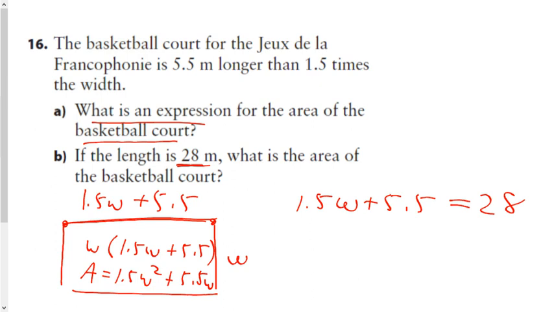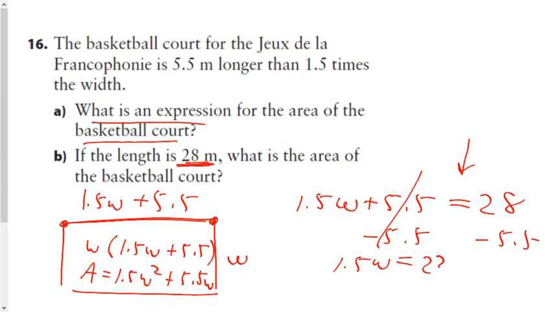This algebraic expression is also the length, which is 28. So therefore, we can make an algebraic equation that we can solve to figure out what the actual W term is. We're going to solve it by isolating the variable, getting rid of my constant first. Standard grade 7, grade 8 step is to get rid of your constant. I get 1.5 W equals 22.5. You with me so far?